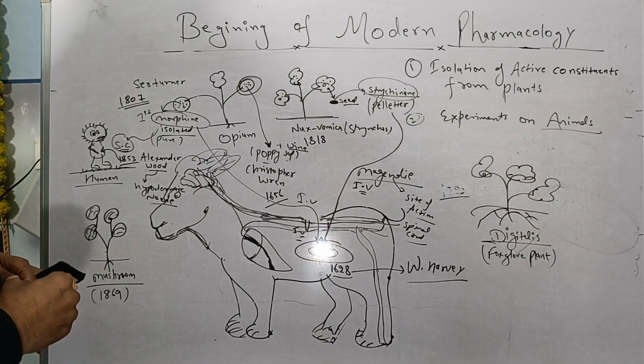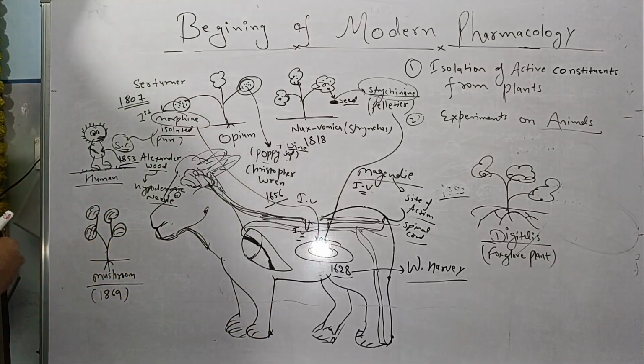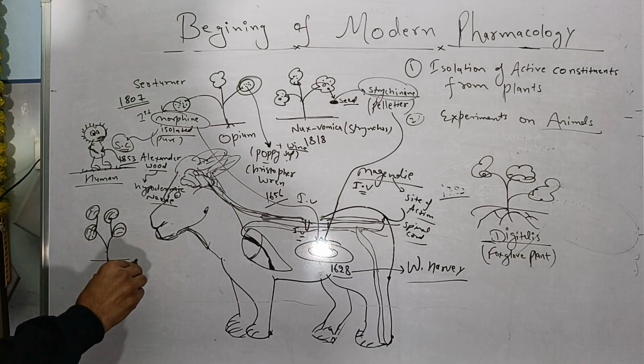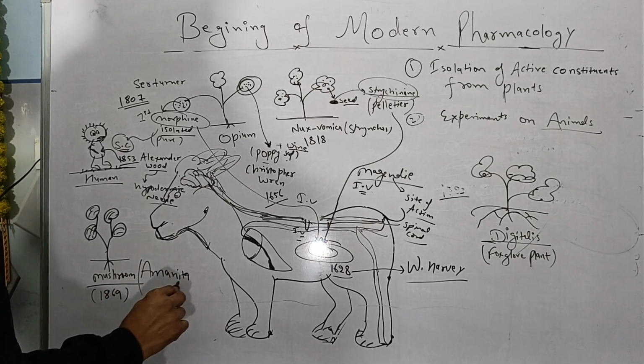After this, there was a mushroom named Amanita muscaria.